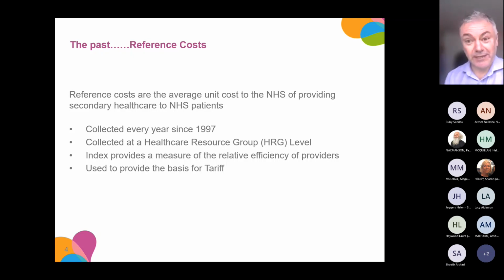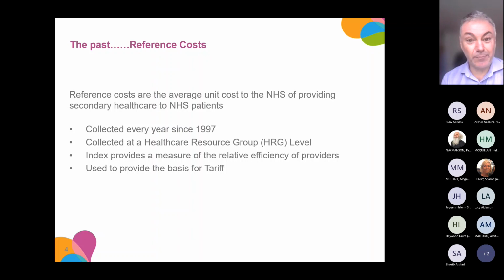Now, obviously, over the last couple of years, because of COVID, there's been an increase in those unit costs because we're doing less activity and a lot of our costs are fixed. So there's been a change in tariff where we've had a block contract to stabilise the income that trusts get during the COVID period.